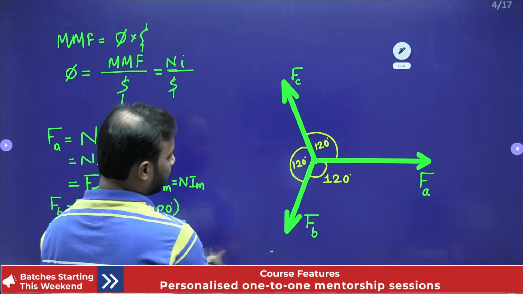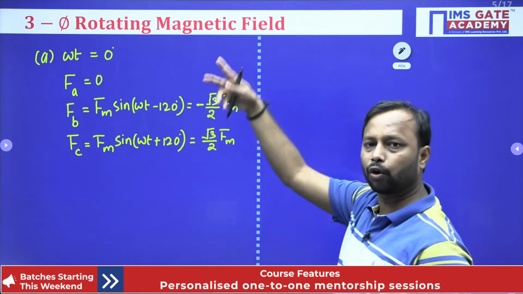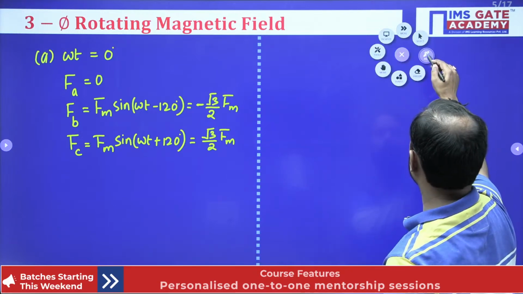Alright, so moving ahead. Your FB will be negative, so we will have to draw it in the opposite direction. And for FC, the direction will be the same. So let me draw here.